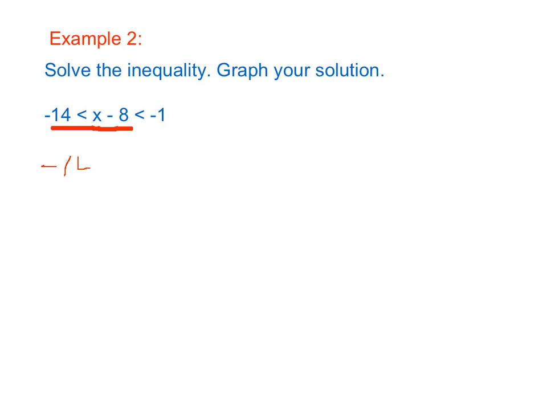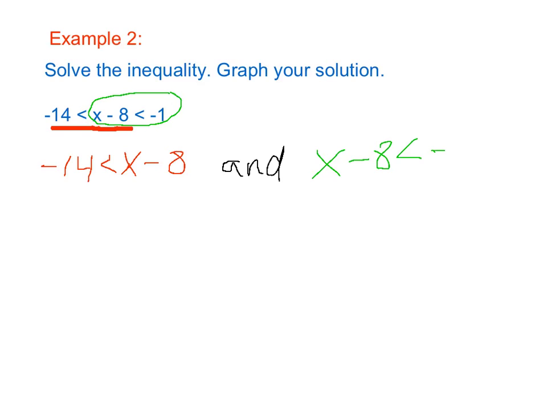So we've got -14 less than x minus 8. And as I said, it's going to be an and option. Then we can look at the other part of it. So we have x minus 8 less than -1.